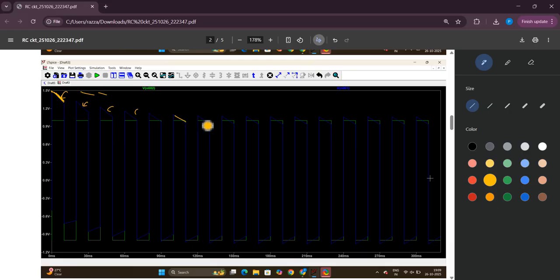So now at this point the circuit is going into steady state, and it will achieve a constant ripple. And why is this happening at these stages?